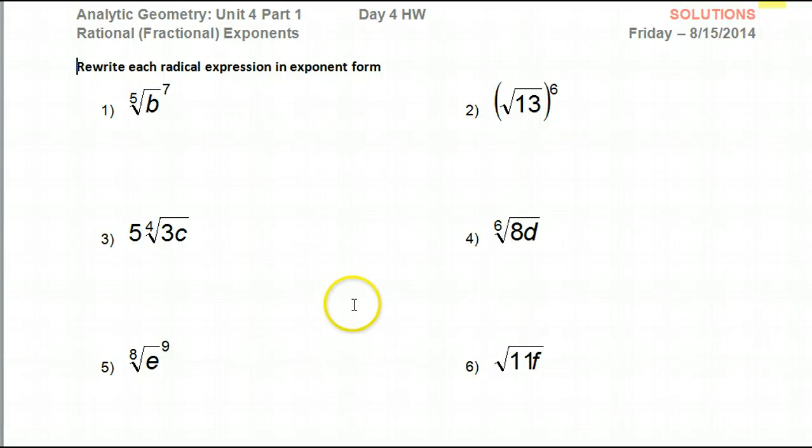Alright, in this video we will learn about fractional exponents, or sometimes we say rational exponents, because fractions are those rational numbers. Now, in the past we learned about exponents. You know, we would have n to the 5th power, and we learned all about that.